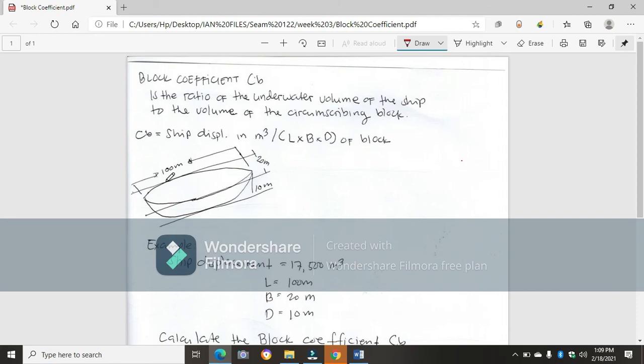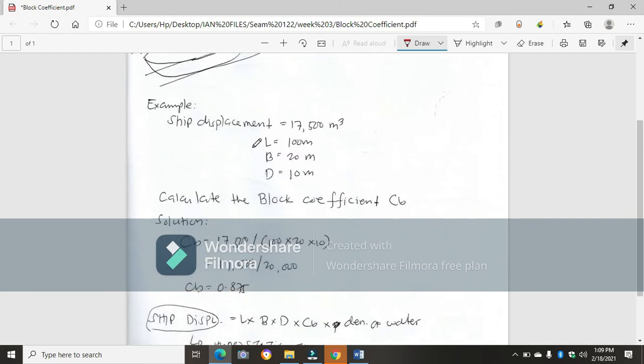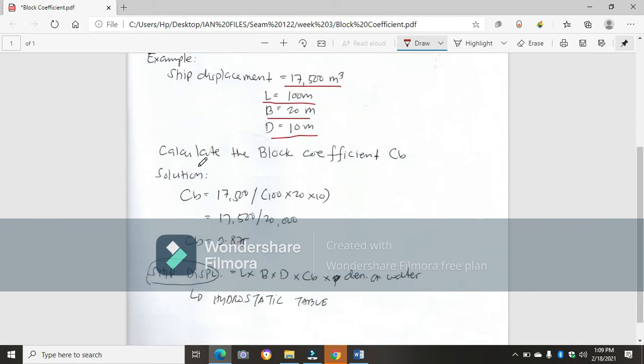Okay, so the formula is block coefficient equals ship displacement in cubic meter divided by length times breadth times draft. Okay, so let's have an example. If the ship displacement is 17,500 cubic meter, her length is 100 meter, breadth is 20 meter, draft is 10 meters. So calculate the block coefficient or CB.